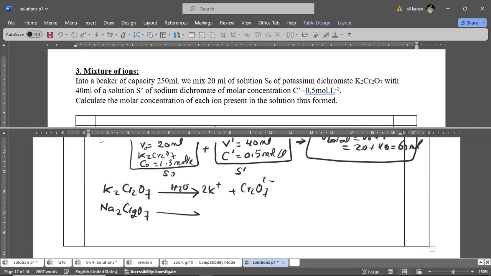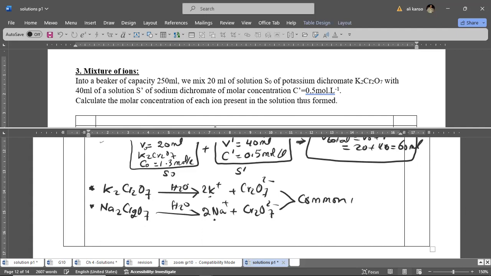Na2Cr2O7 in water gives 2Na plus and Cr2O7 2 minus. These two compounds have different cations, K plus in the first and Na plus in the second, but Cr2O7 2 minus in both. This is called the common ion.